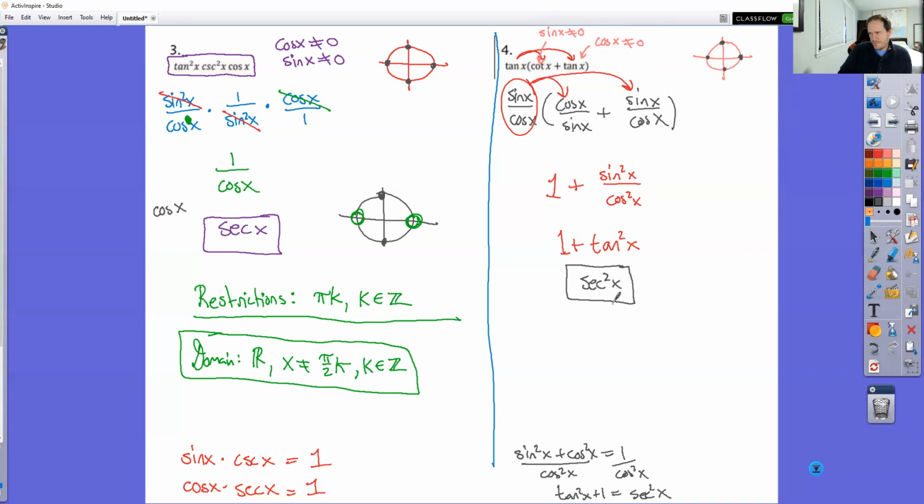But secant being 1 over cosine means again that the only restrictions we have naturally are here and here. So just like the previous problem, number 3, the restrictions would be these 2 positions. We need to tell our audience that those x values are not okay. Otherwise, our audience would think that only these values are not okay. So restrictions. And they're literally just the same as the last problem.